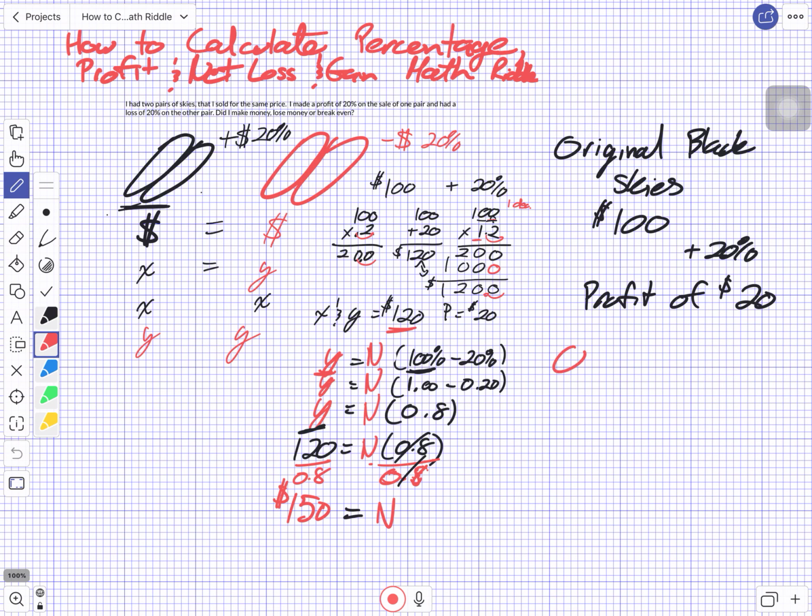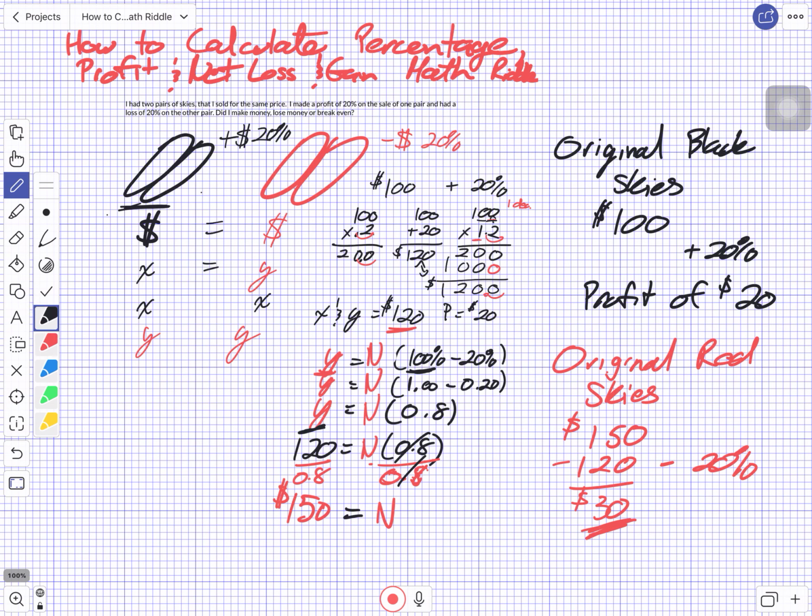We just figured this out. The original price of the red skis was $150. And we said we had a loss of 20%, which means since we sold it for $120, we figured out the difference. We had a loss of $30.